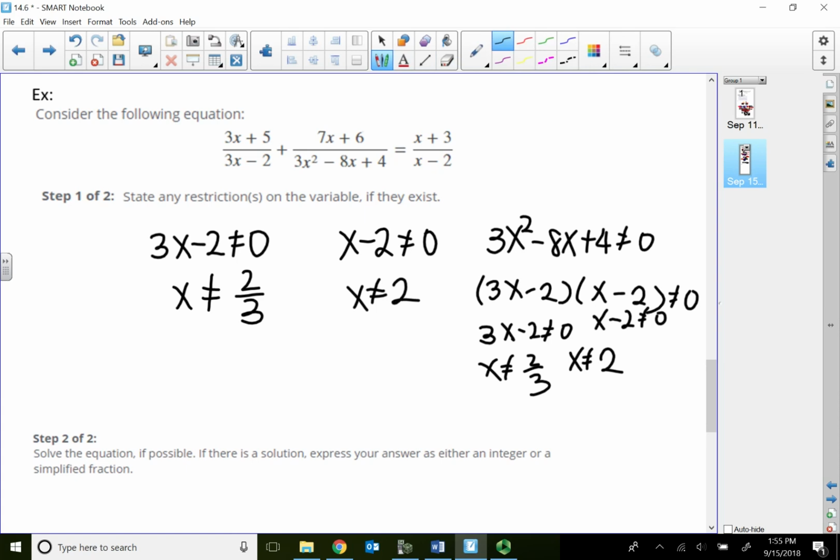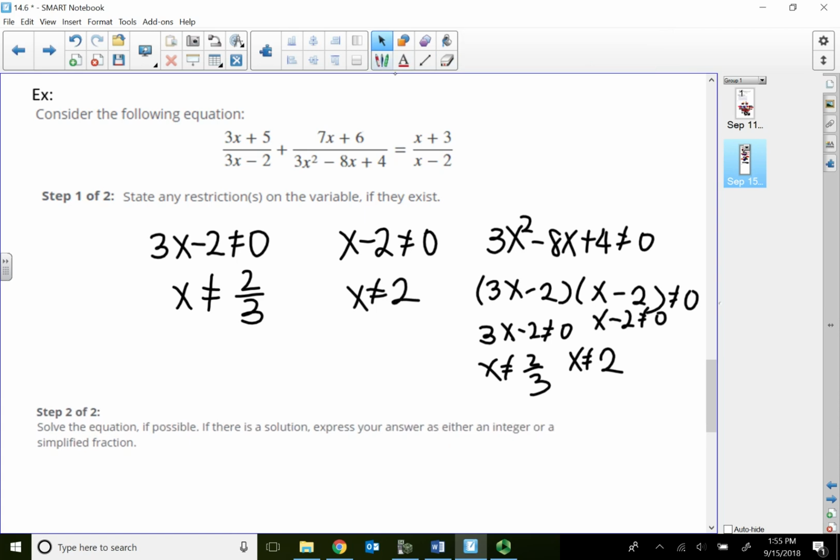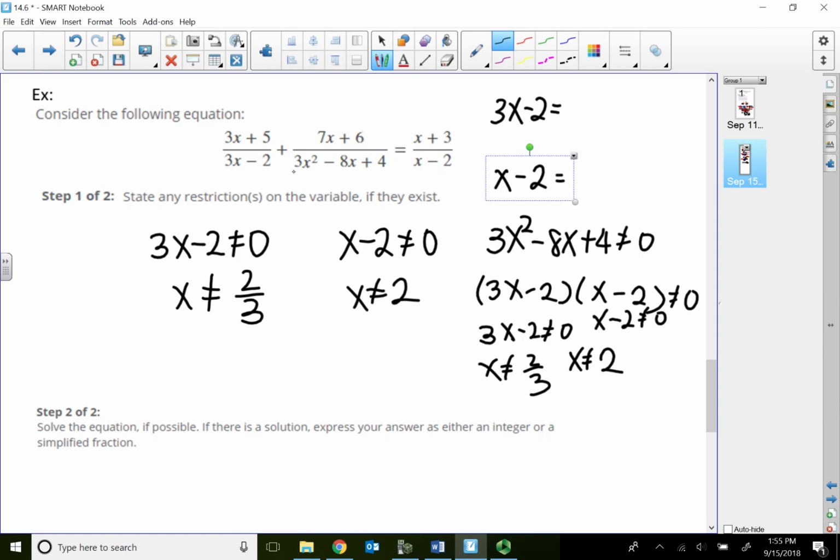So let's find the LCD. When it comes to finding the LCD here, I basically have 3x minus 2, x minus 2, and my middle one turns out to be 3x. My middle denominator turns out to be just 3x minus 2 and x minus 2.